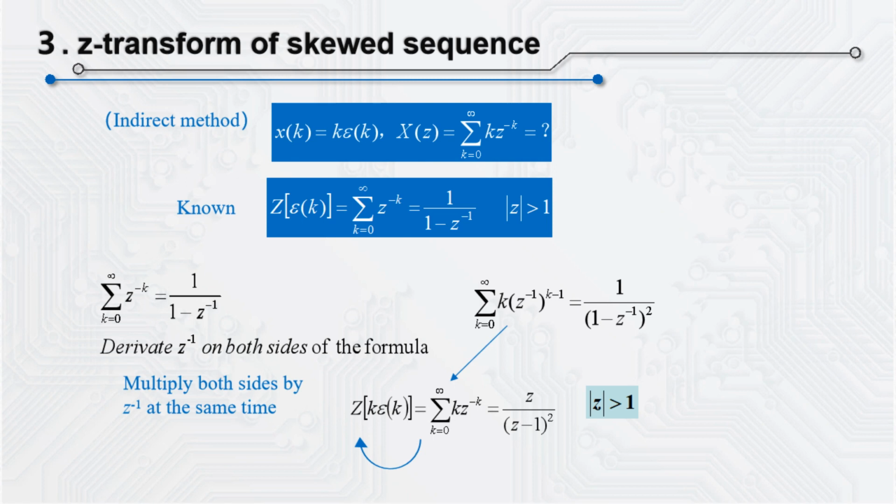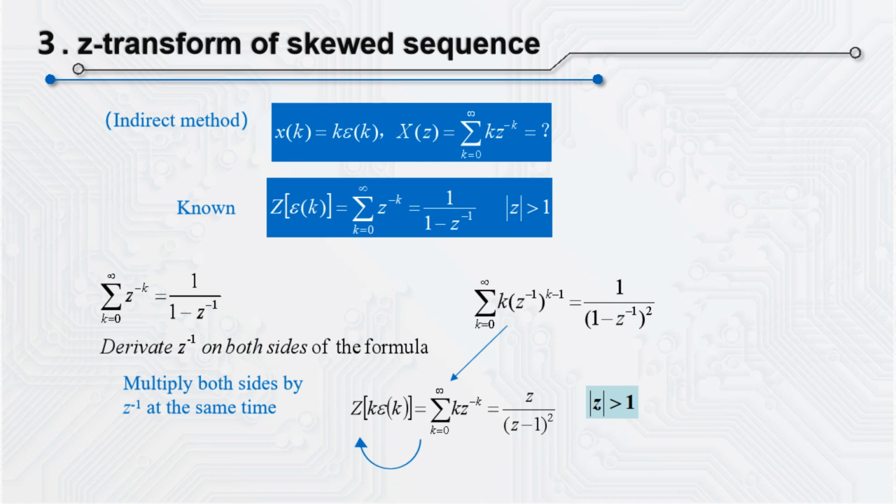Differentiate z to the power of -1 on both sides. The derivative result is as follows. Based on this result, we can analyze. Multiply both sides by the -1 power of z to get such a result.